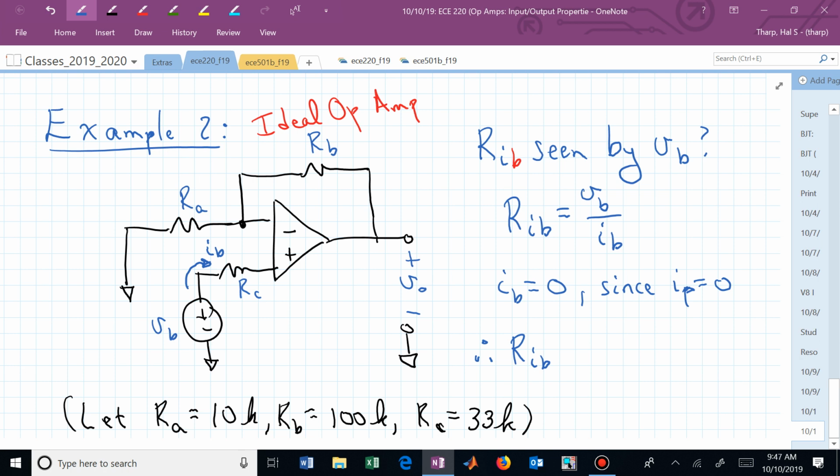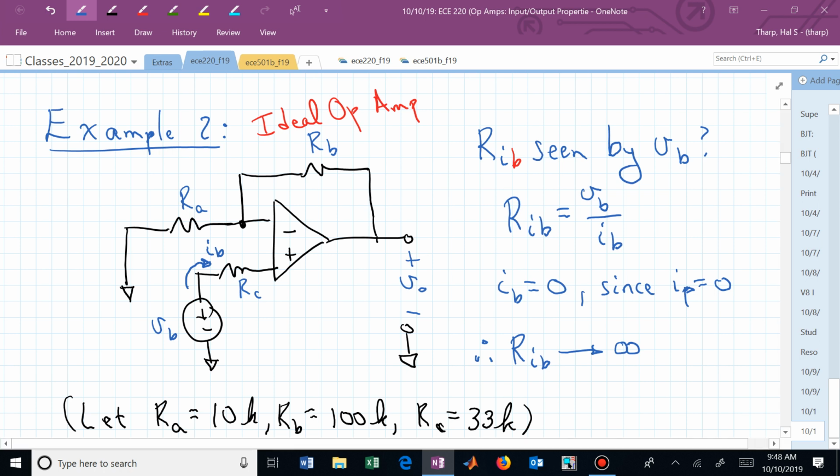So that means that R sub I sub B, since infinity technically isn't a number, I'm not going to say equals. I'm going to say R sub I sub B approaches infinity. Infinity is out there. Can't really reach it. But it's huge.